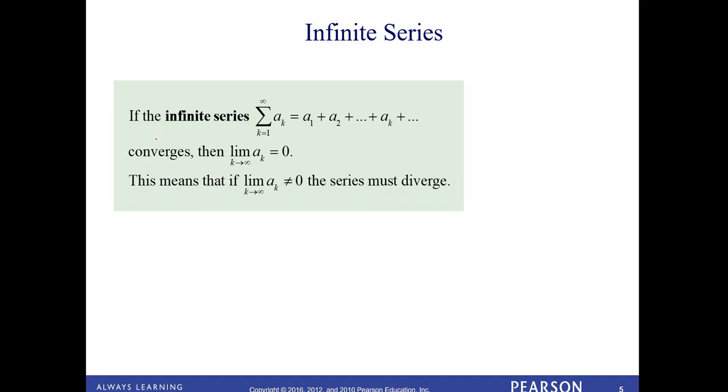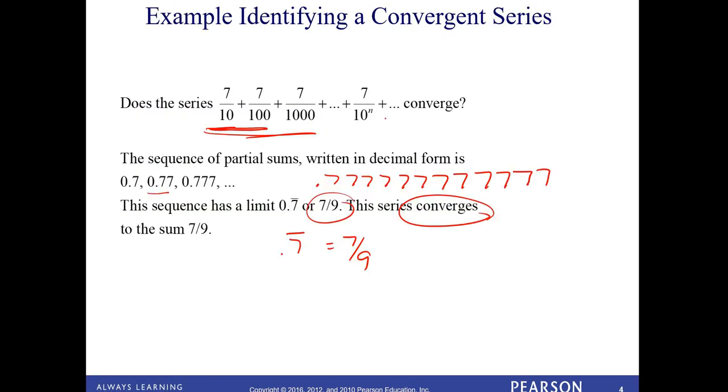If the infinite series, the sum as k goes from 1 to infinity of all of our terms a sub k, converges, then the limit as k goes to infinity of a sub k equals 0. That's what we just said. The final term, a sub k, as k goes to infinity, is going to be 0, since I am adding smaller and smaller numbers.